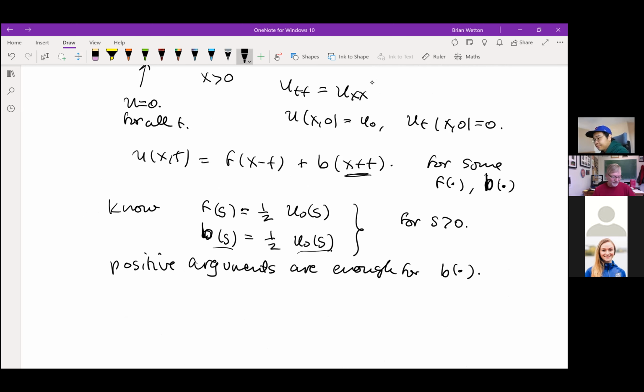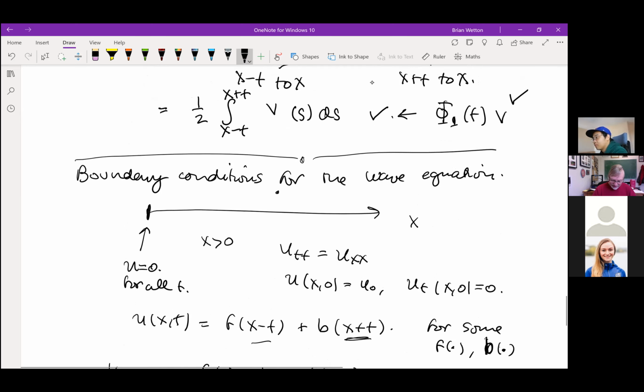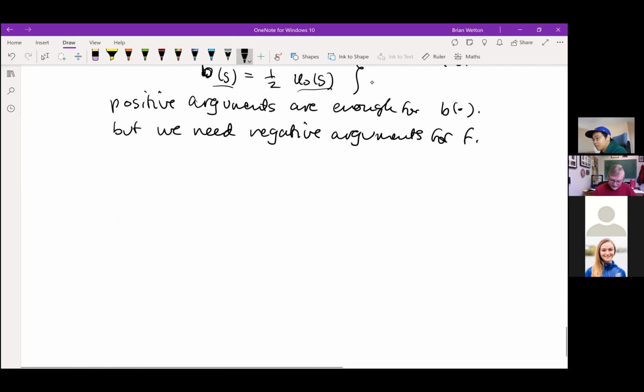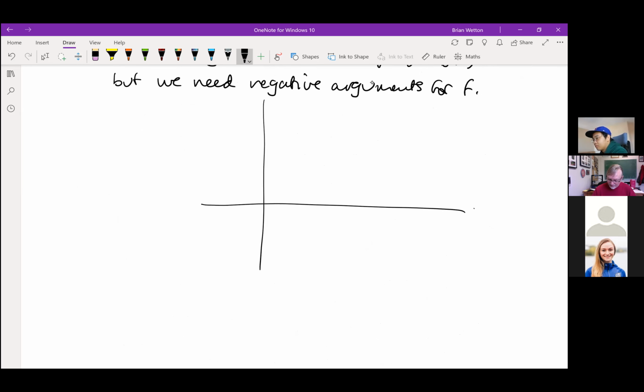Okay, I'm done. But we need negative arguments for f. And if you think about it, if I've got x minus t, where does that switch between being positive and negative? That's x equal to t.